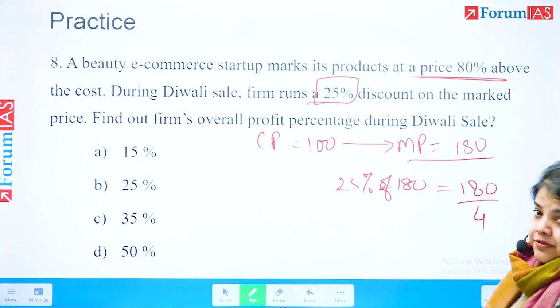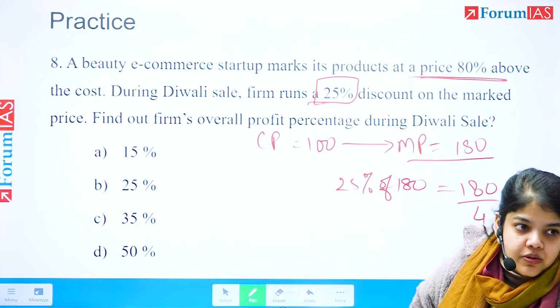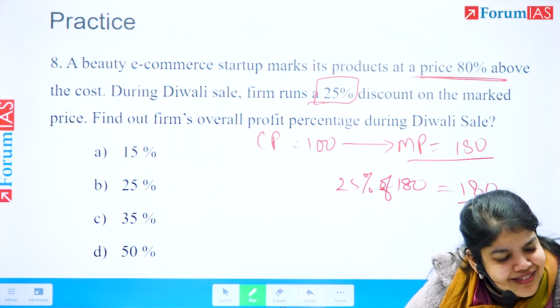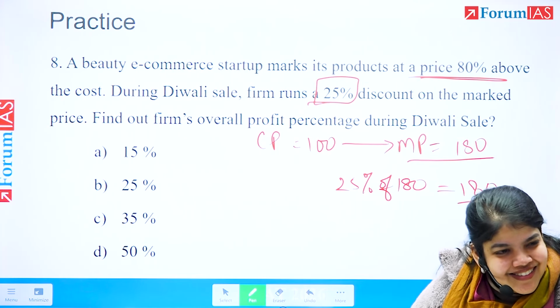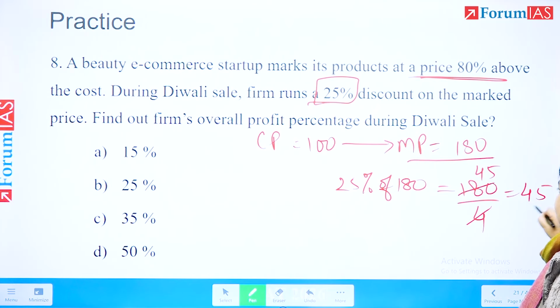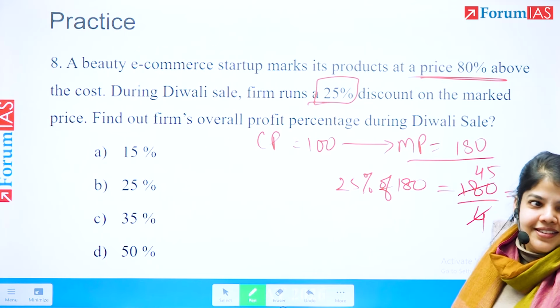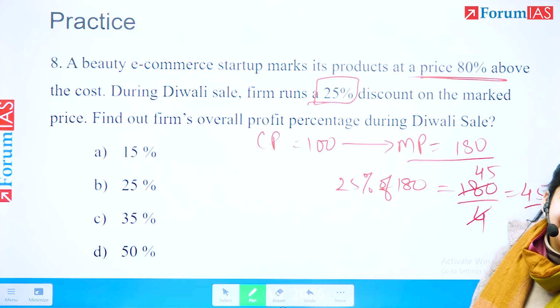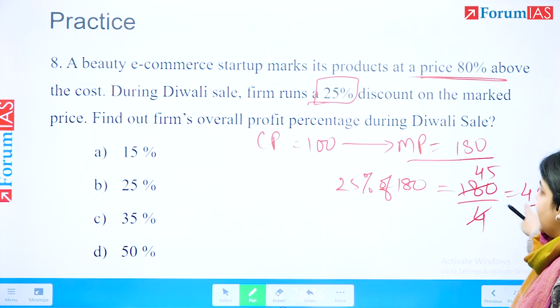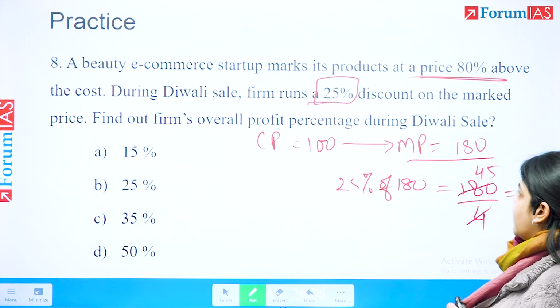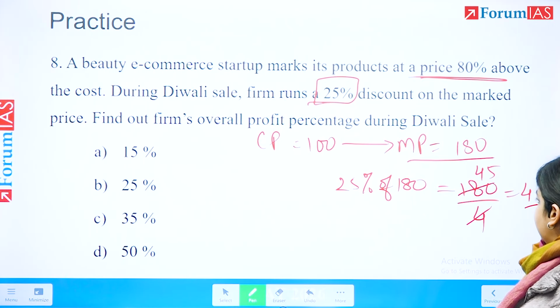So 180 divided by 4 is 45. Oh, he was saying 25. I heard 25. So 45. So what do you find out, the firm's overall profit percentage during Diwali sale?